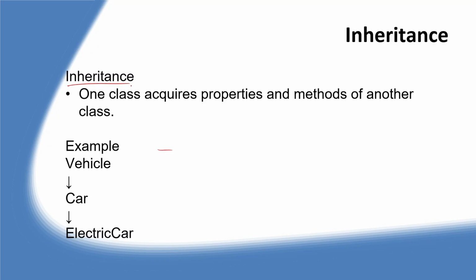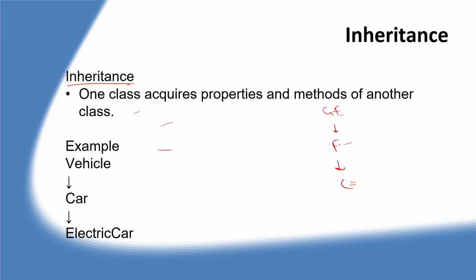Think of your family: how you inherit the properties and the relations from your father, and your father inherits from your grandfather. So there is an inheritance hierarchy: grandfather, then father, then child. Your father is inheriting from grandfather, and child is inheriting from father.